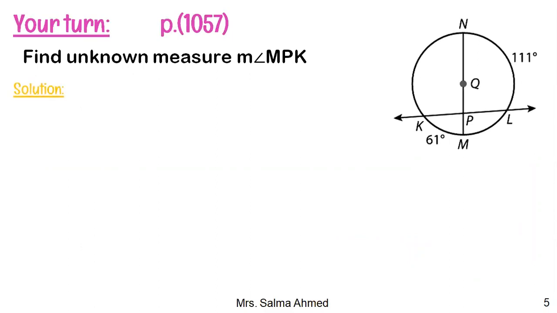Find the unknown measure of angle MPK. I need to find this angle, which is in red. So I need to find this interior angle. The intersecting chords angle measure theorem is saying that the interior angle will be half the sum of the two arcs formed by the two lines here.